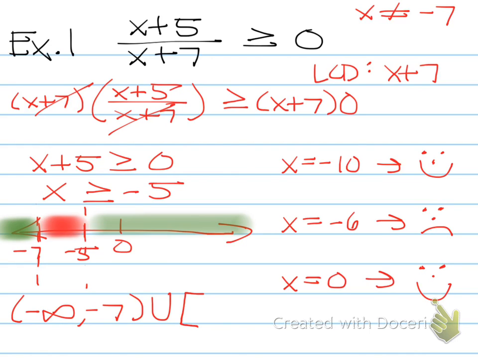So x can equal -5. And that interval will continue to positive infinity. And that is our solution set.